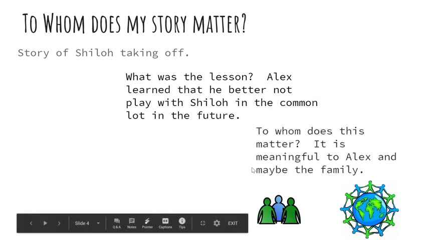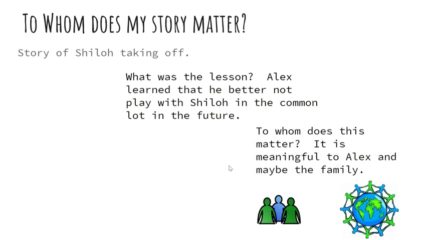And I think I can see that it's really only meaningful to Alex and perhaps his family. And that's a small group of people, so that's not going to make as good of a source of a story for an investigative journalistic article as one that would matter to the whole community.